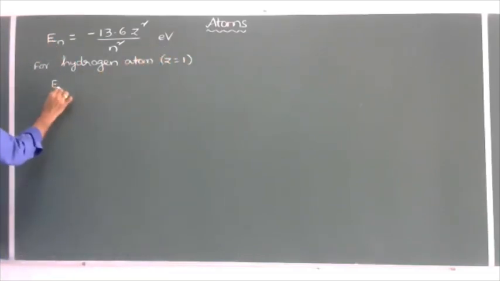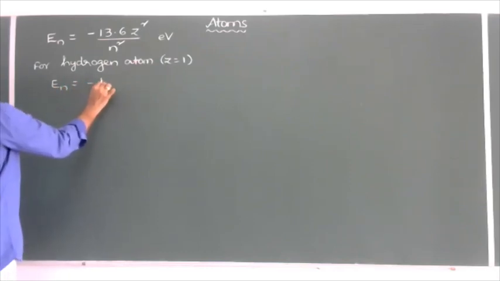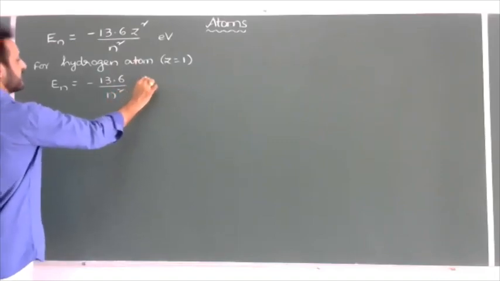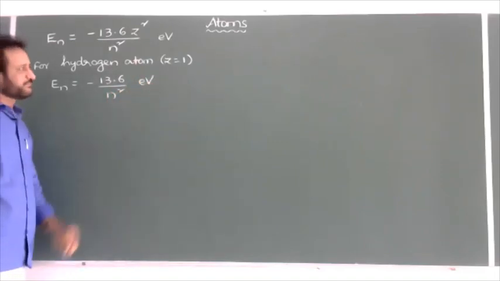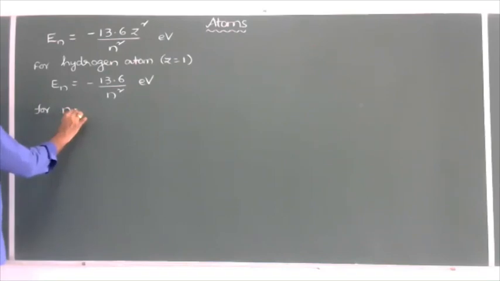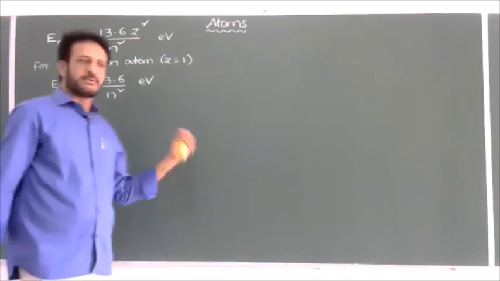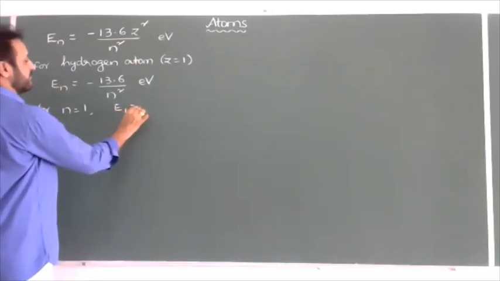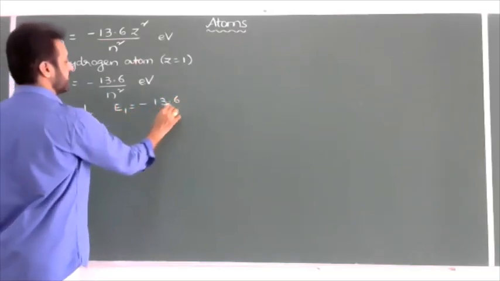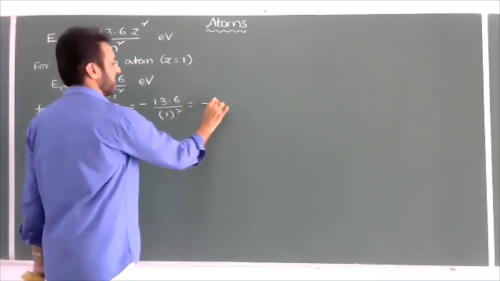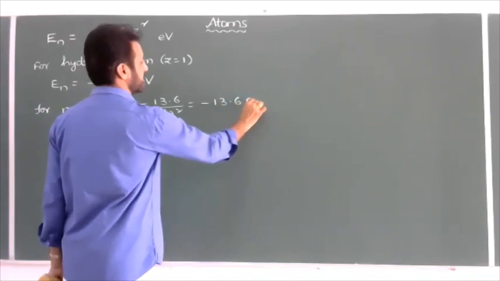So the energy of electron in the nth orbit is equal to minus 13.6 by n square electron volt; no need to write Z. For the first orbit, put n is equal to 1. So E1 is equal to minus 13.6 by 1 square, that is equal to minus 13.6 electron volt.